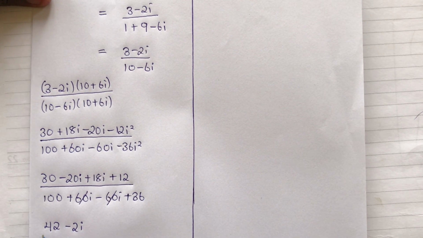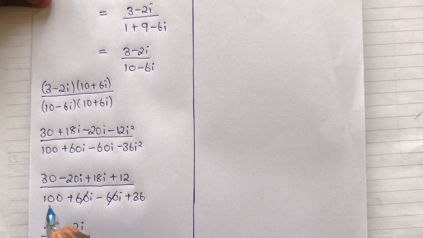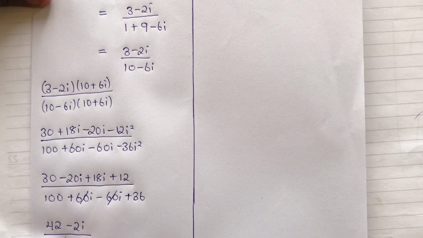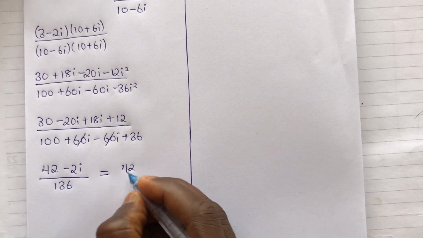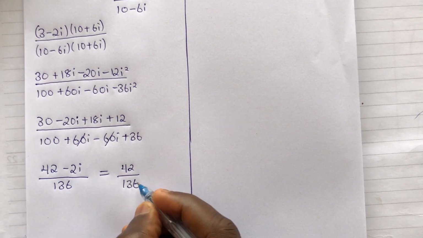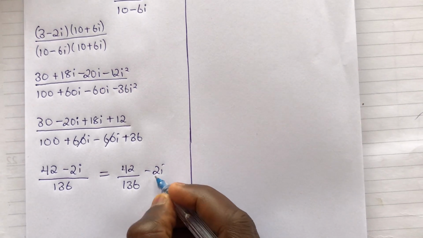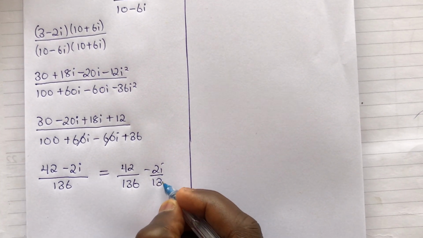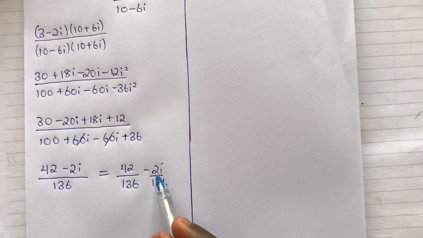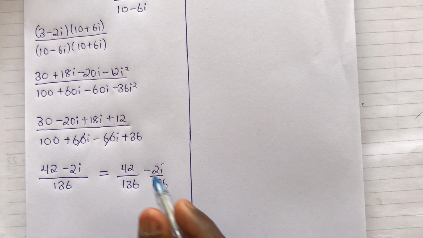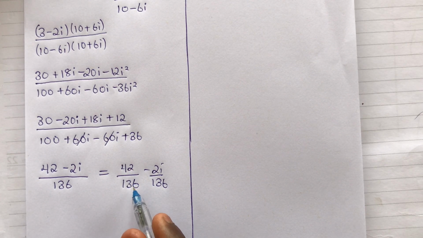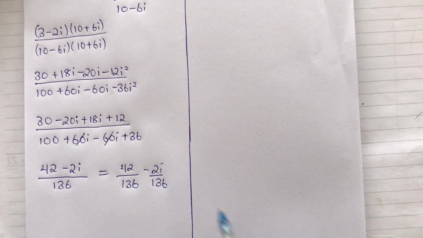And we divide this result by 36 plus 100, which will give us 136. So this is giving us 42 out of 136 minus 2i out of 136. We can break this down with 2. So finally, when we break this down with 2, we are having 21 over 68 and 1 out of 68.